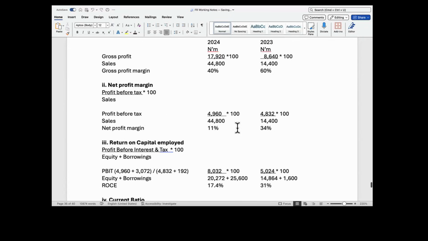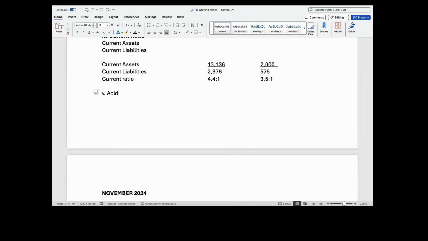Then we are asked to determine the acid test ratio. An acid test ratio is your current assets minus your inventory, all upon your current liabilities.